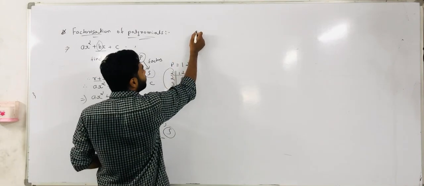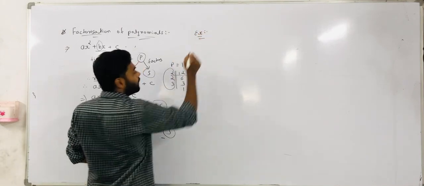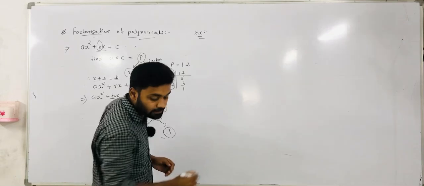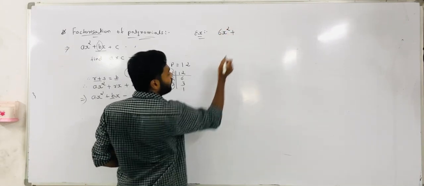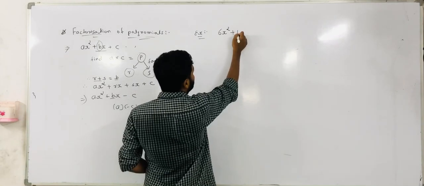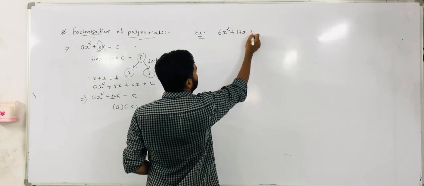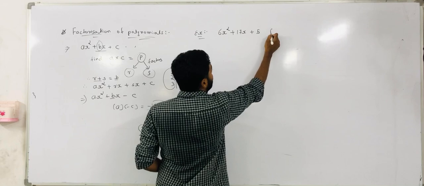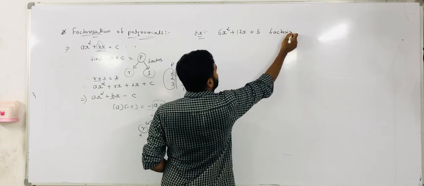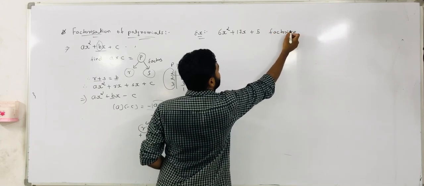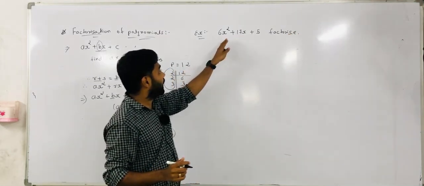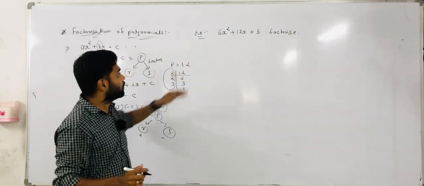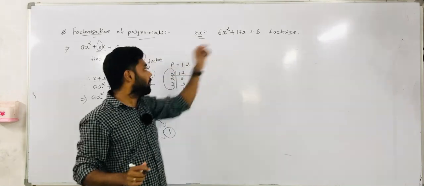Now let's take one example. Factorize 6x square plus 17x plus 5. We want to find the factors of the given polynomial. This is a quadratic polynomial, right?